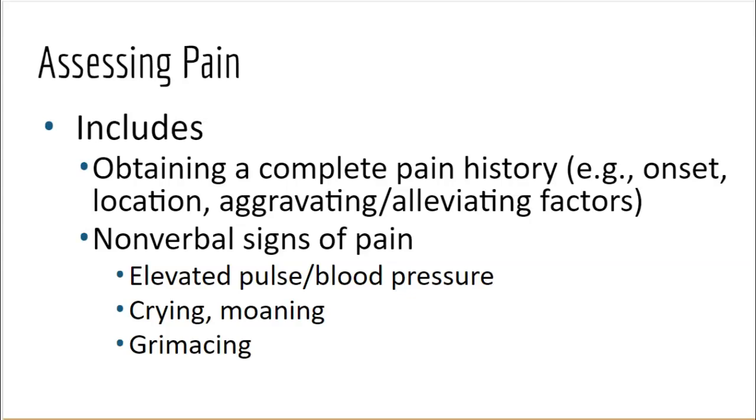A comprehensive pain assessment includes pain location, quality, intensity, aggravating and alleviating factors, timing, duration, pain relief, and goals for pain relief. And to treat pain effectively, you must be able to understand the patient's perception of pain.